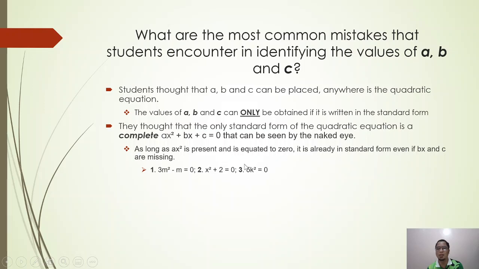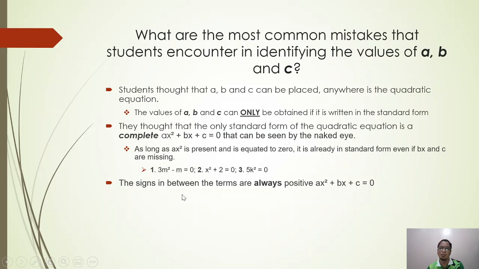Pero lahat po ng ito, these 3 examples, they are all in the standard form. Sana po maliwanag na sa lahat. Kasi yung ibang nagpasa po sa amin ay nalilito. So sana ngayon maliwanag sa lahat, may natutunan sana yung iba.